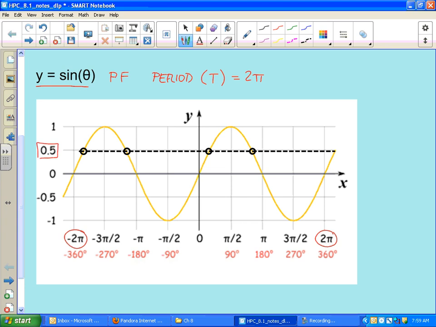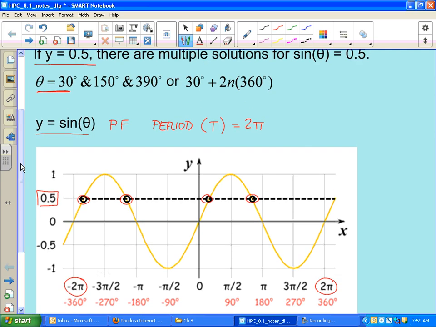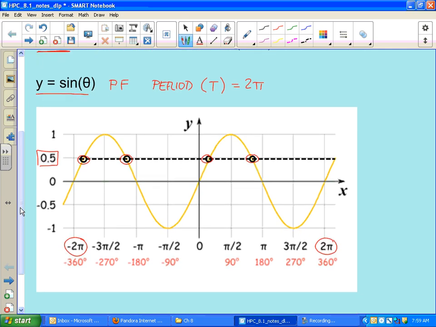What we see in this case, we have these 4 locations between -2 pi and 2 pi where my sine curve intersects this horizontal line y equals 1/2. And we're trying to find out what those angles are. Well, we already know one of them is 30 degrees. But where else would I have a positive 1/2 value?